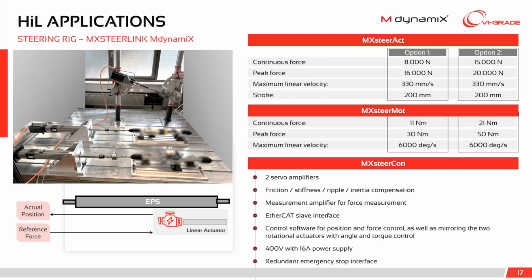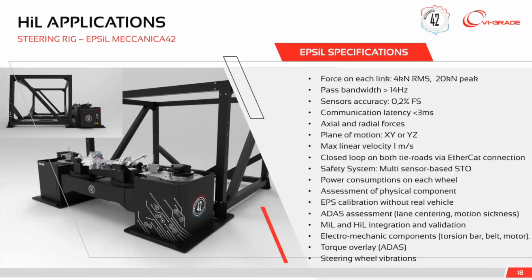Everything is connected through EtherCAT communication to the real-time system. So it's possible to run real-time simulation offline with a virtual driver or connected to a driving simulator. The other option is with Mechanical 42, where the concept is to apply the exact tie rod force on each tie rod. So we have 2 actuators.